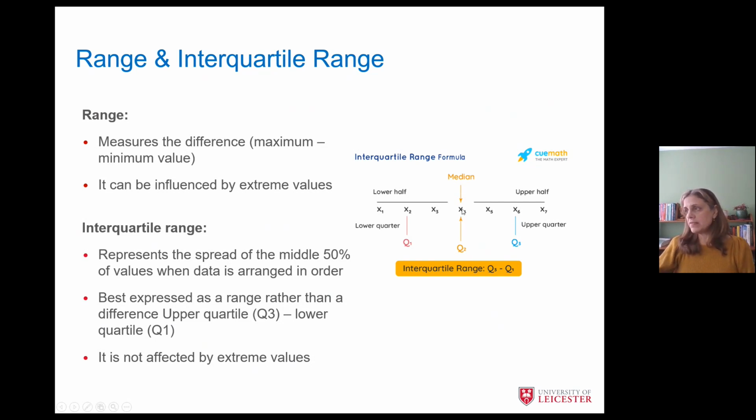So really you're putting your data set in order, and then you're splitting it into four and identifying the people at each of these three points to represent your median, lower quartile and upper quartile numbers. And this is better than the range because it's not affected by extreme values.